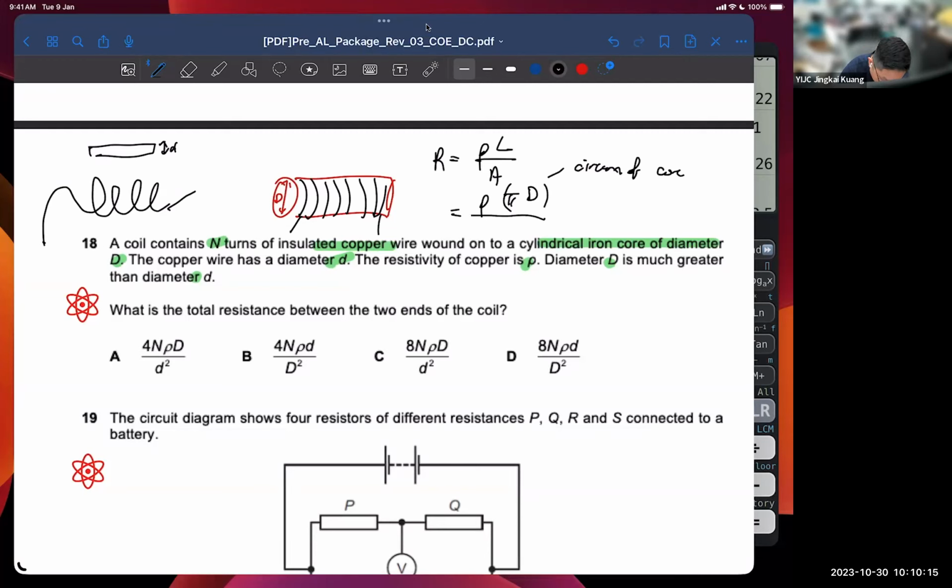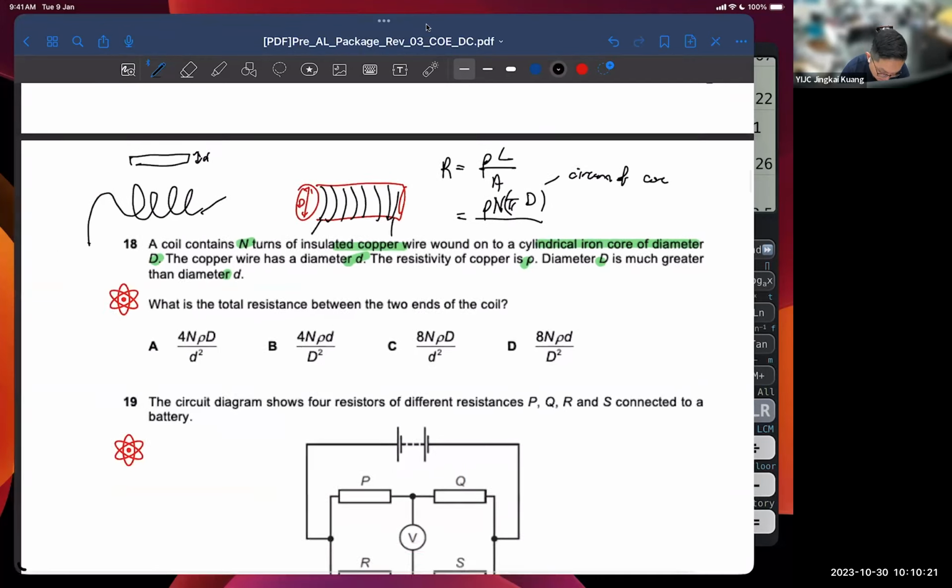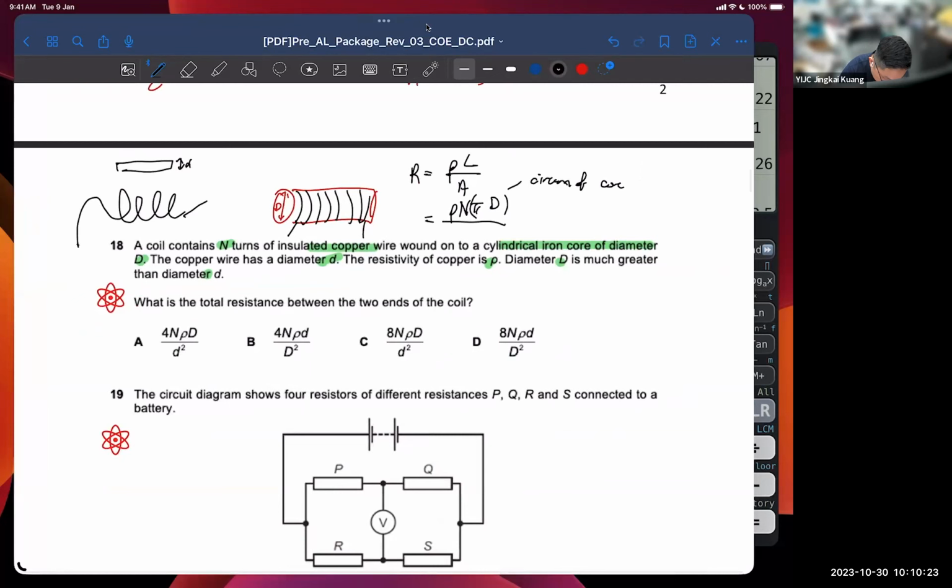Oh wait, there's an n term, because you need to multiply by n to give you the number of coils. Then the bottom is just pi d squared over 4. You rearrange this and you will get 4 rho n D over d squared. So this one, no problem. 4 rho n D over d squared, so the answer is A.